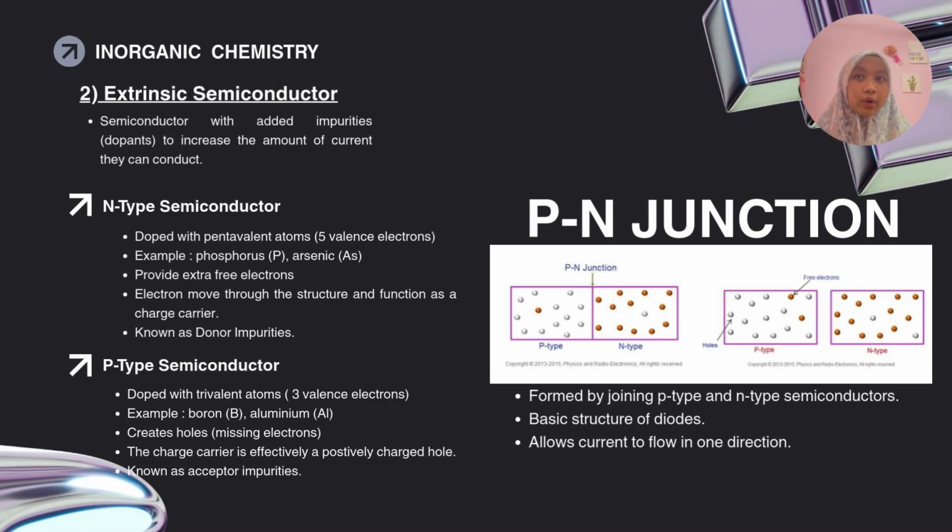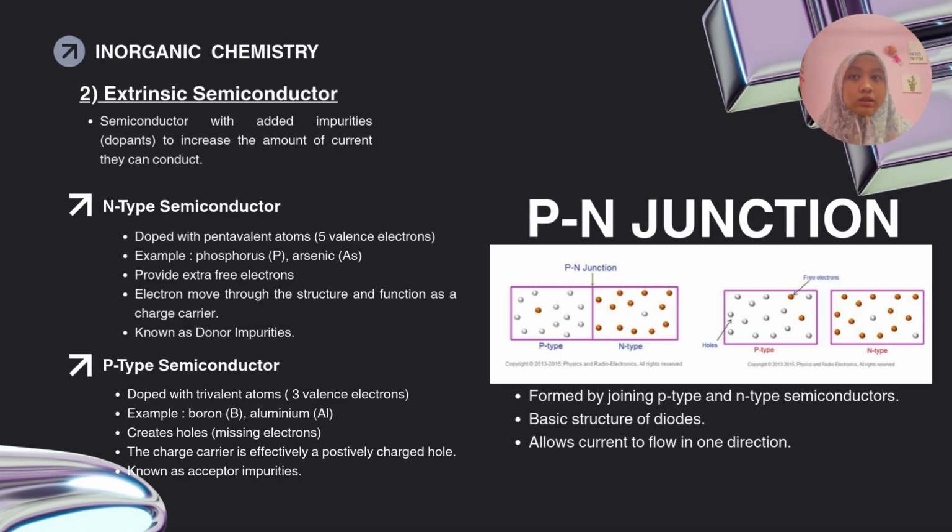Next, the second one, extrinsic semiconductor. An extrinsic semiconductor is a semiconductor with added impurities, which we call dopants, to increase the amount of current they can conduct. There are N-type semiconductors and P-type semiconductors. An N-type semiconductor is a semiconductor that is doped with pentavalent atoms, which have 5 valence electrons, for example phosphorus and arsenic.